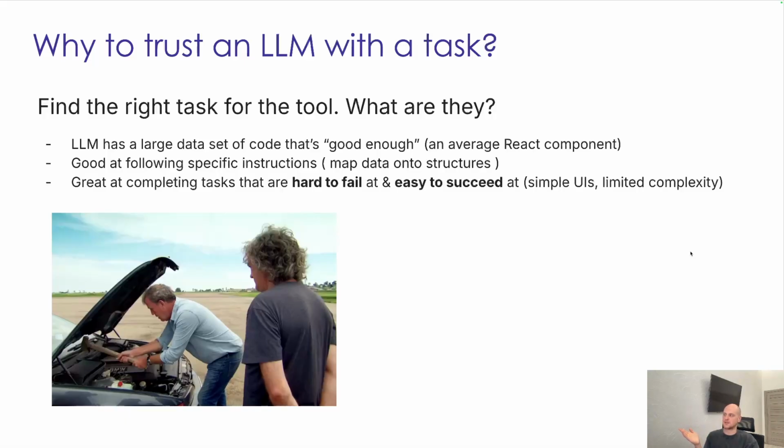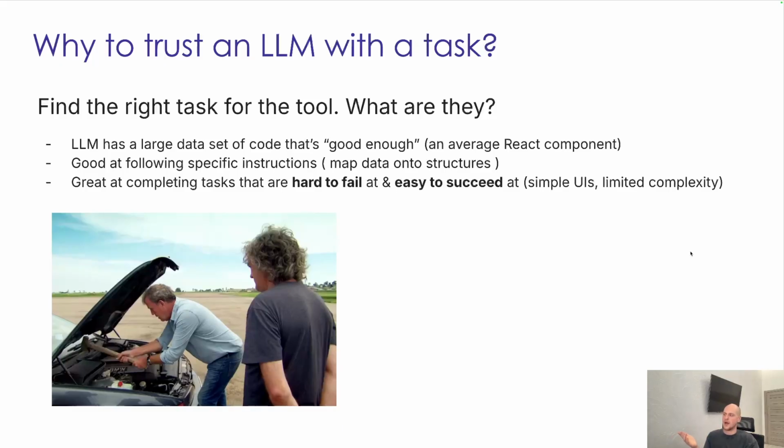Yeah, LLMs have a large data set of code that's good enough. I think that if you're creating some sort of a layout or a React component that is somewhat dumb, you can still use an LLM perfectly fine.